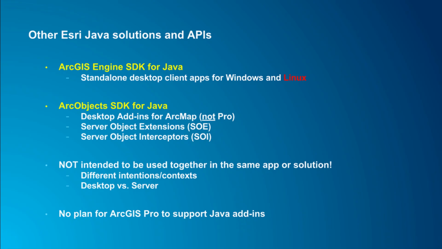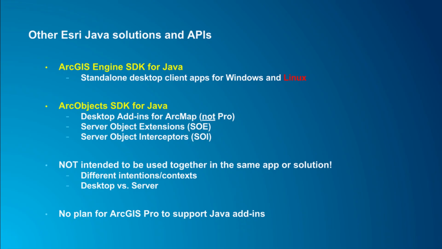We also have the ArcObjects SDK for Java. That can be used today for extending ArcMap with some add-in capabilities. As a Java developer, you can add in capability into ArcMap running on Windows to put in some of your custom Java logic that maybe you need to enhance the experience and get some workflows done for your ArcMap users.